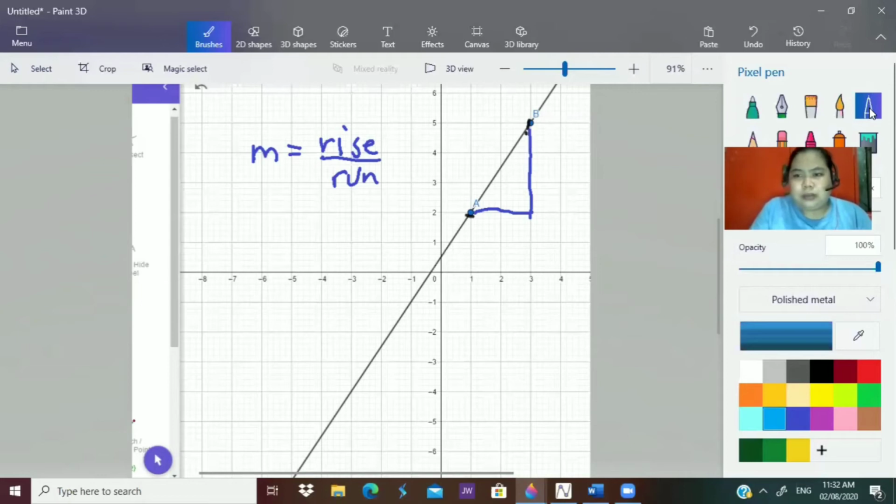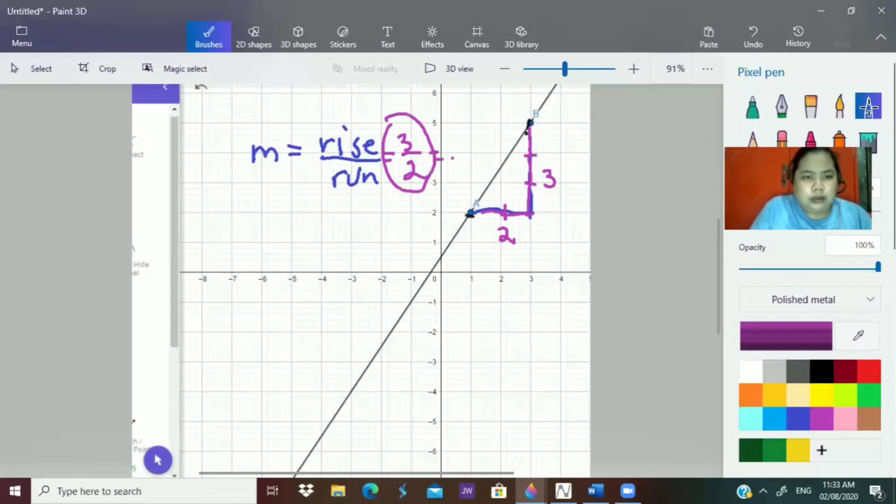Tapos, we're going to count the number of units. So, 1 unit, 2 units, 3 units. So, this is 3. So, your rise is 3 units. Your run is 2 units. So, 3 over 2. So, this is 3 halves. Okay. So, our answer is still 3 halves. Now, I have a question.